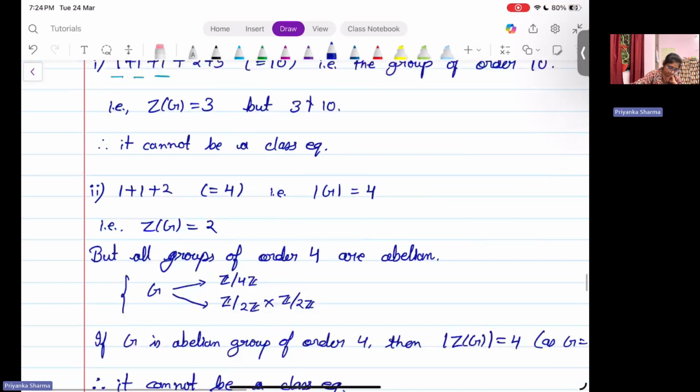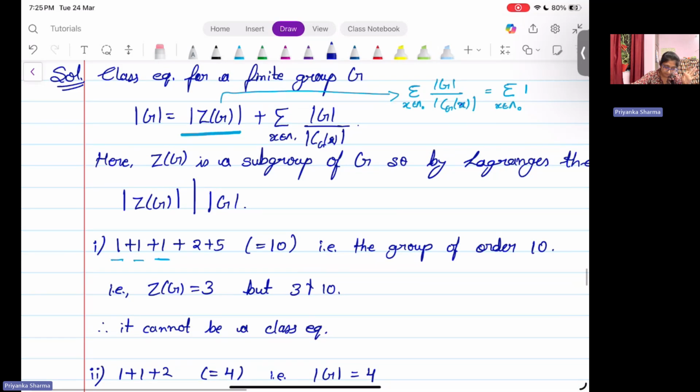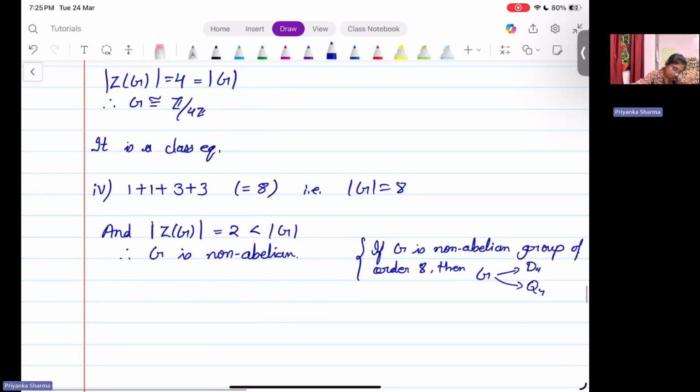Now come to the class equation again. What do we have here? The first term is the order of ZG, and the second one is the summation of the order of G divided by the centralizers of X. And here we have 3 and 3.